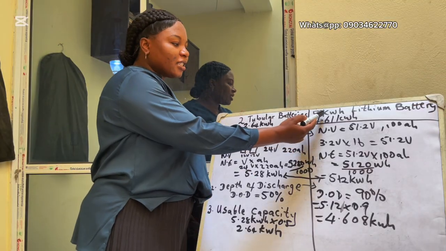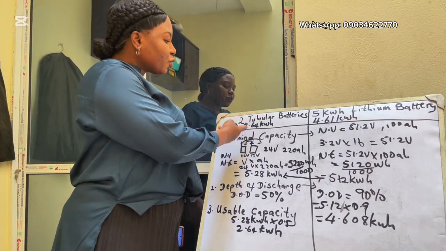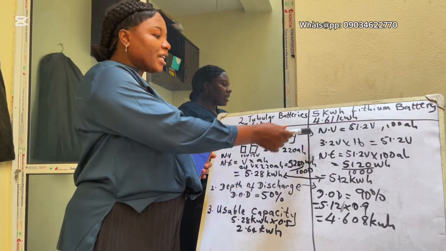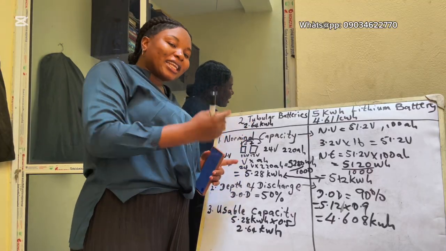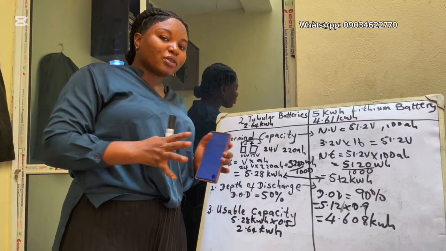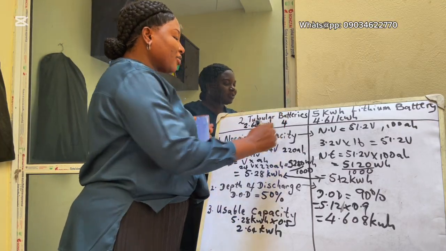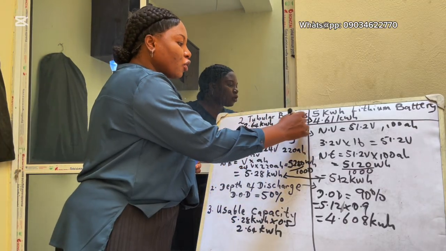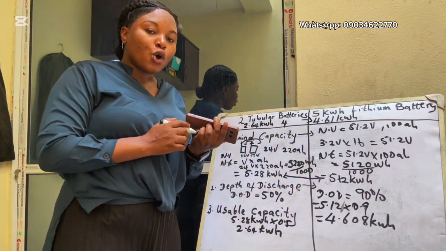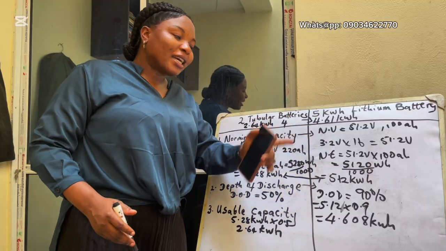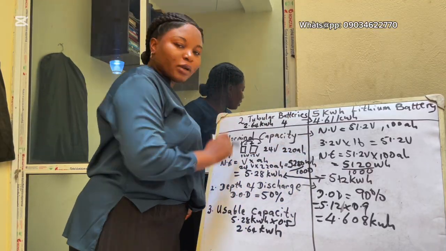Of course, it is just one 5 kilowatt lithium hour battery. So this is just giving you 2.6. That means for you to get the equivalent of a 5 kilowatt lithium hour battery, you're looking at 3 or more of this battery, rounding it up to 4. So you're going to be using 4 tubular batteries, not 2 tubular batteries, to compare with the 5 kilowatt lithium battery.